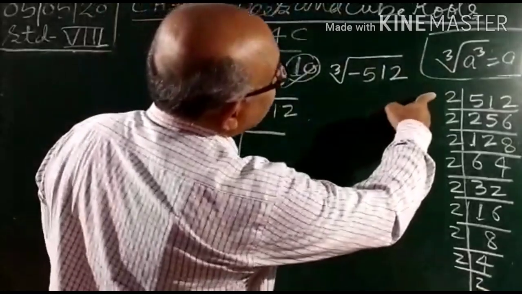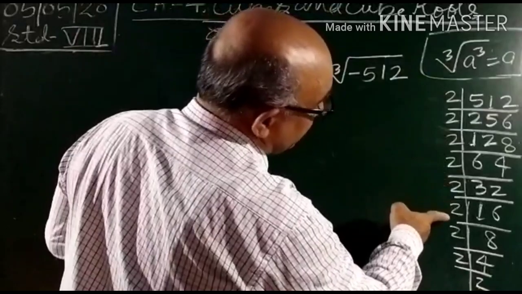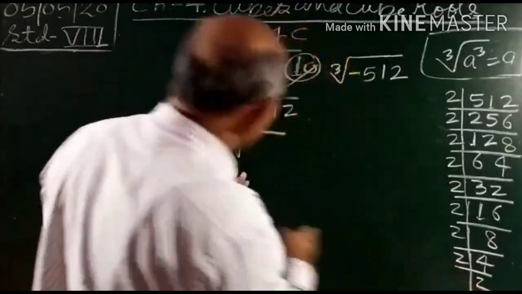So how many 2 factors of 512? 1, 2, 3, 4, 5, 6, 7, 8 and 9.